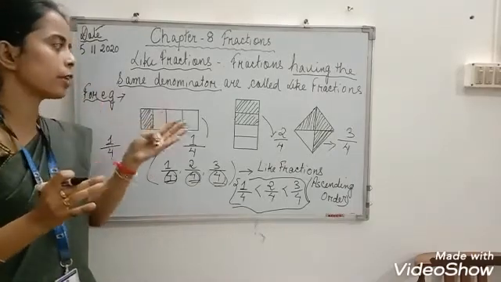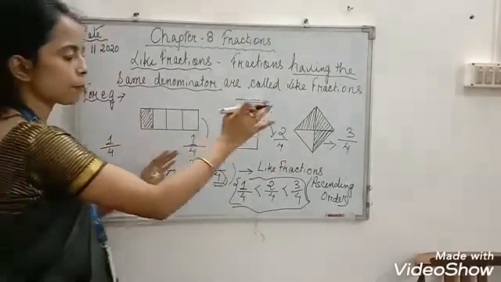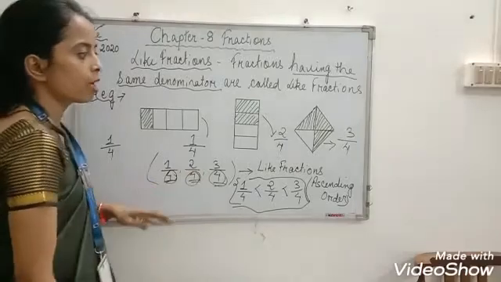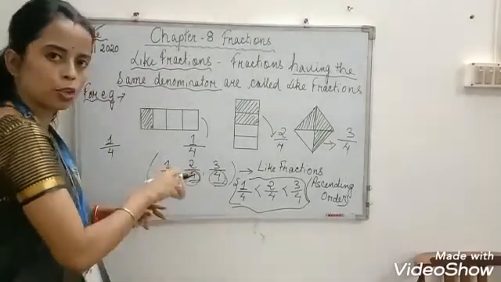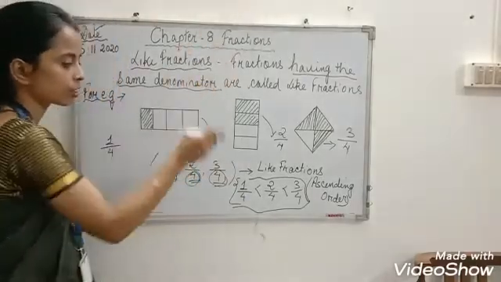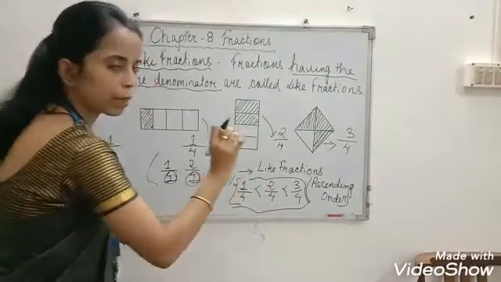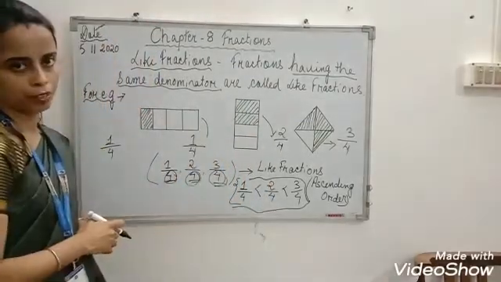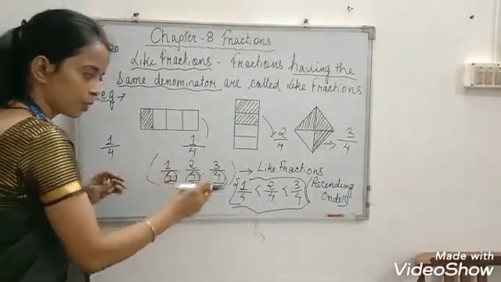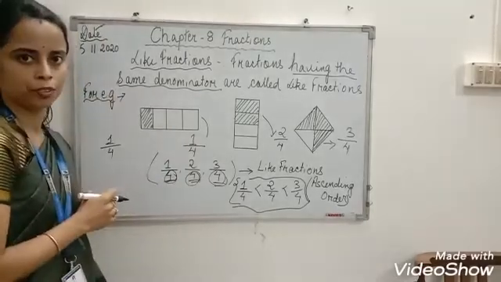So fractions having the same denominator are called like fractions. How to compare them and arrange them in ascending order? Because in like fractions denominators are same, we have to compare the numerator. The greatest numerator is the greater one, and the smallest numerator is the smallest one.